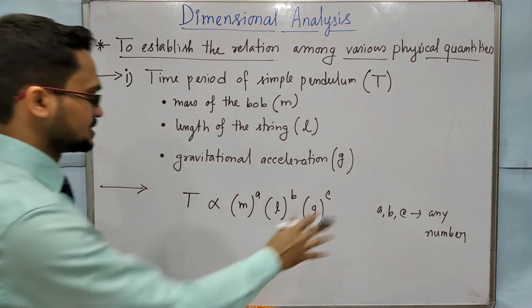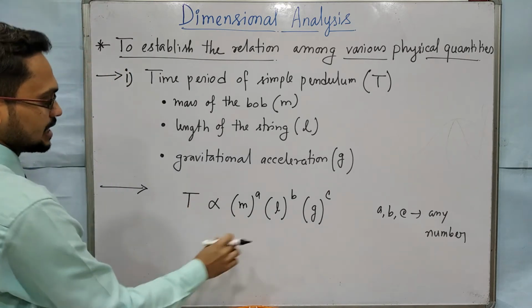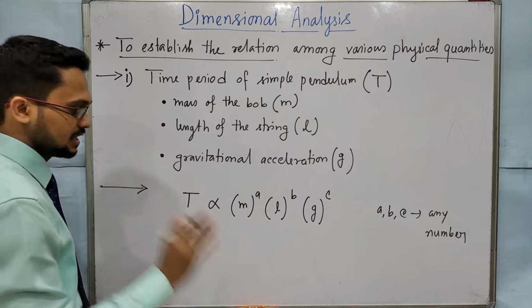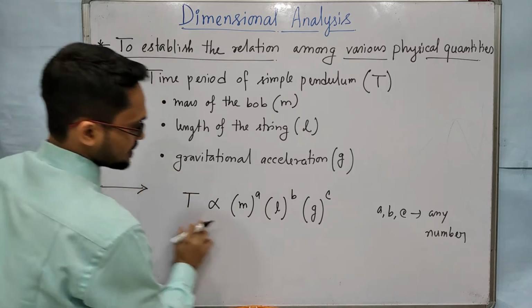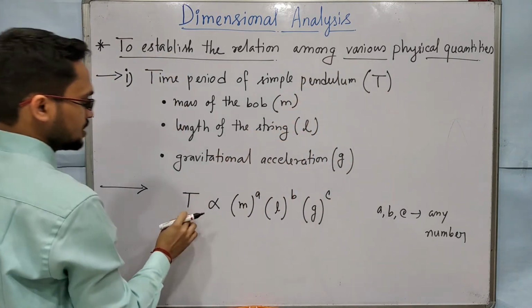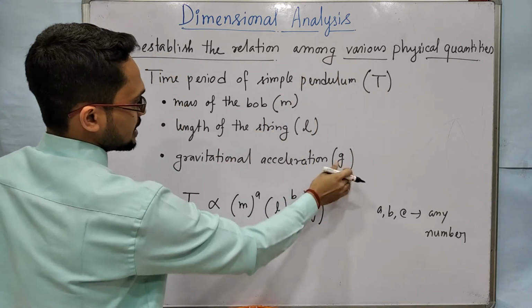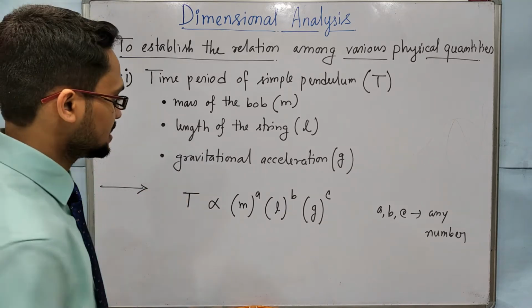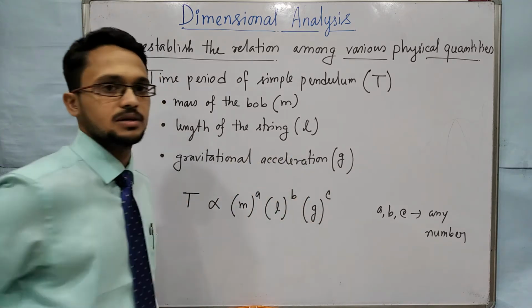So this is the first step: you write the quantity, proportional to the quantities on which it depends, to the power a, to the power b, to the power c.